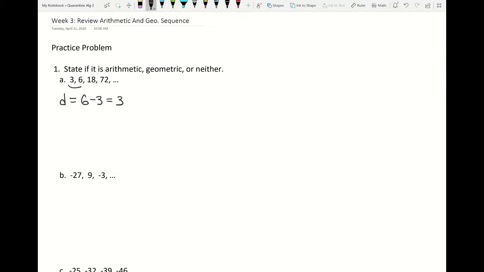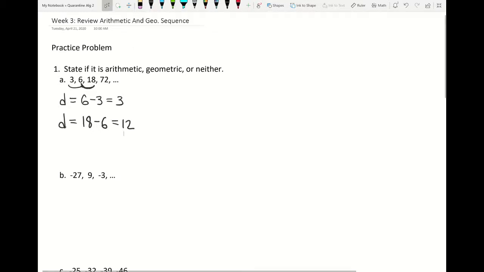Now you can't stop right here, but we'll also have to check 18 and 6. So common difference, again you pick a number, 18, and then you subtract the previous number always. 18 minus 6 is 12.